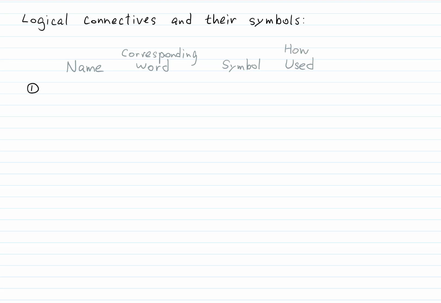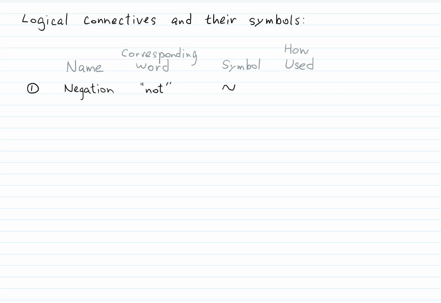Okay, so the first one is called a negation. And the word you should think of when you see a negation is the word not. And the symbol for a negation is that. Let me do that a little bit better. I always mess up at the beginning. You don't have to be a perfectionist, but just because this is the first one, I want to write it well.